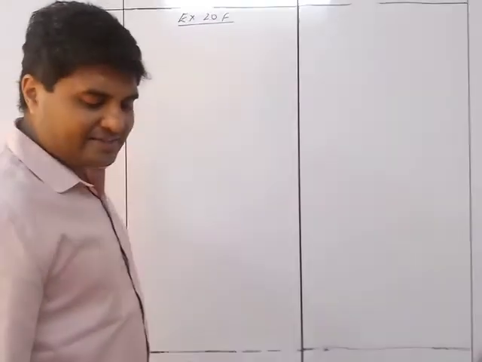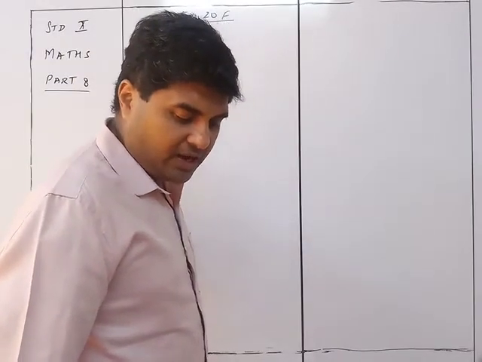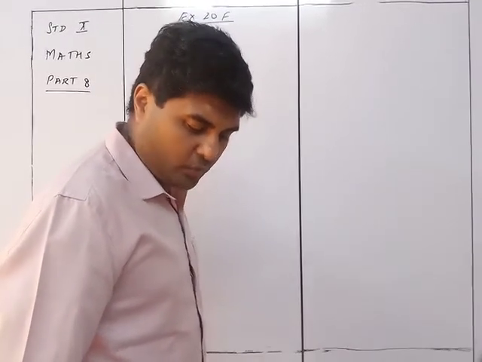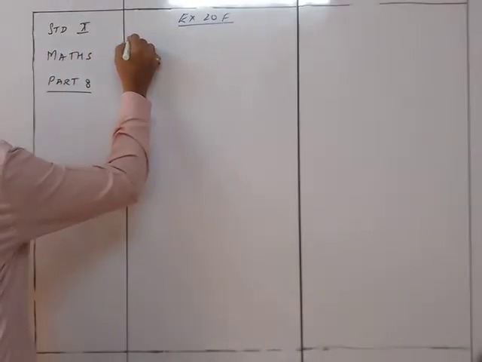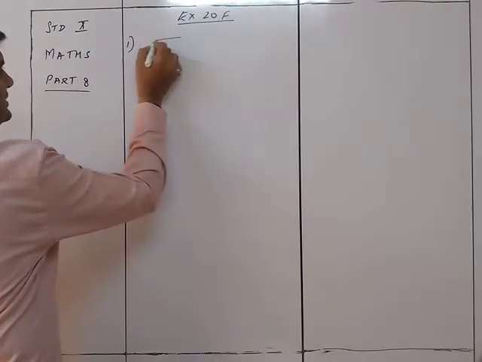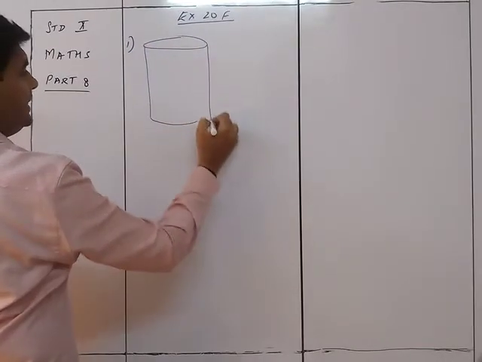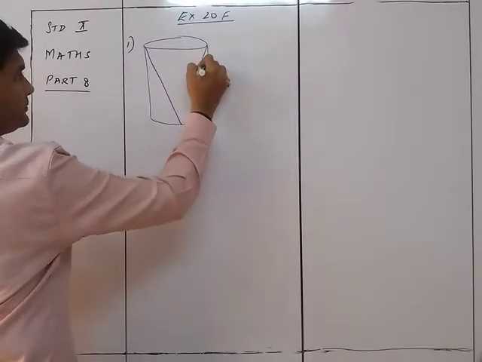From a solid right circular cylinder with height 10 cm and radius 6 cm, a right circular cone of the same height and same base is removed. Find the volume of the remaining solid. So what is given over here is something like this, that this is a cylindrical part. From this cylinder, they have drilled out a cone.